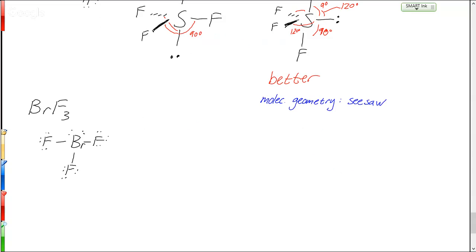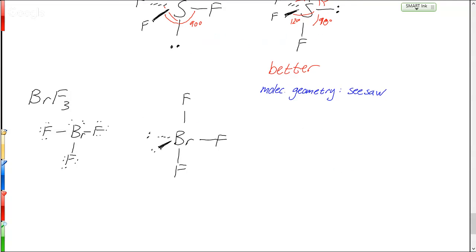And so those electron pairs will also go on those equatorial positions. That leaves all those fluorines in a plane. And so that one adopts the same structure as the Lewis structure that we just drew. And that's called T-shaped.